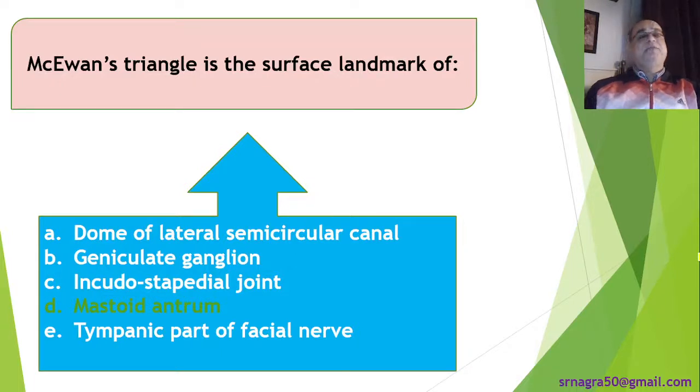So during mastoidectomy, mastoid exploration, whether cortical mastoidectomy or modified or radical mastoidectomy, when we approach from a post-auricular incision, after removing the skin, superficial fascia and periosteum, we identify this MacEwen's triangle, and we start drilling the skull from here, because in the depth, about 10 millimeters from the surface, there is the mastoid antrum, which is one of the mastoid air cells.